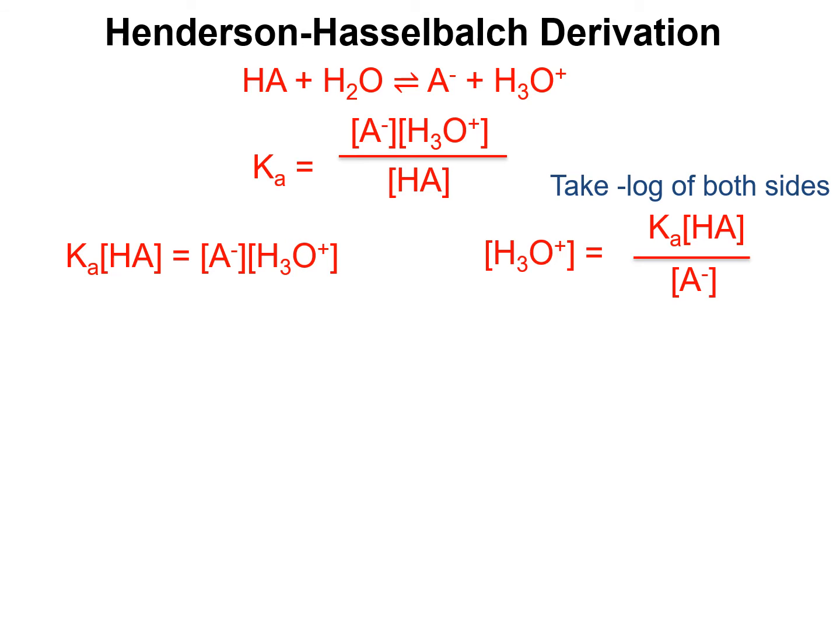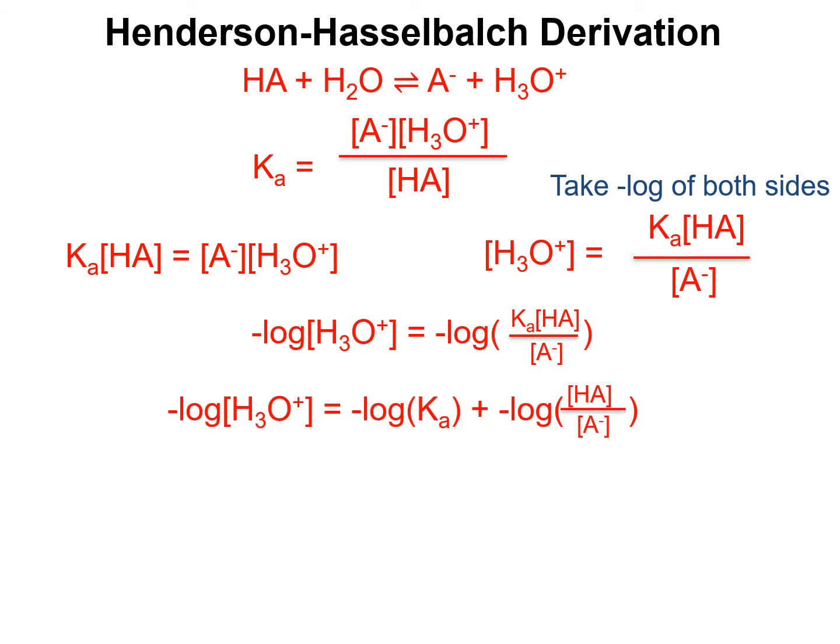Taking the negative log of my hydronium concentration is going to give me my pH. And if I take the negative log of my Ka, that's going to give me my pKa. The only piece that's staying together is the log of my acid over the log of my base. Going from those two steps uses our log rules, where we're splitting out the product of two compounds.